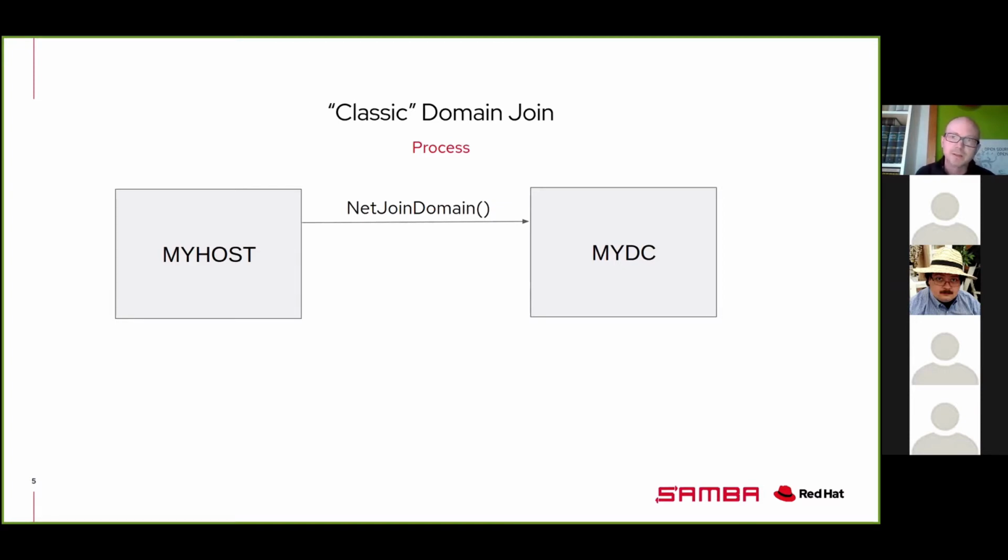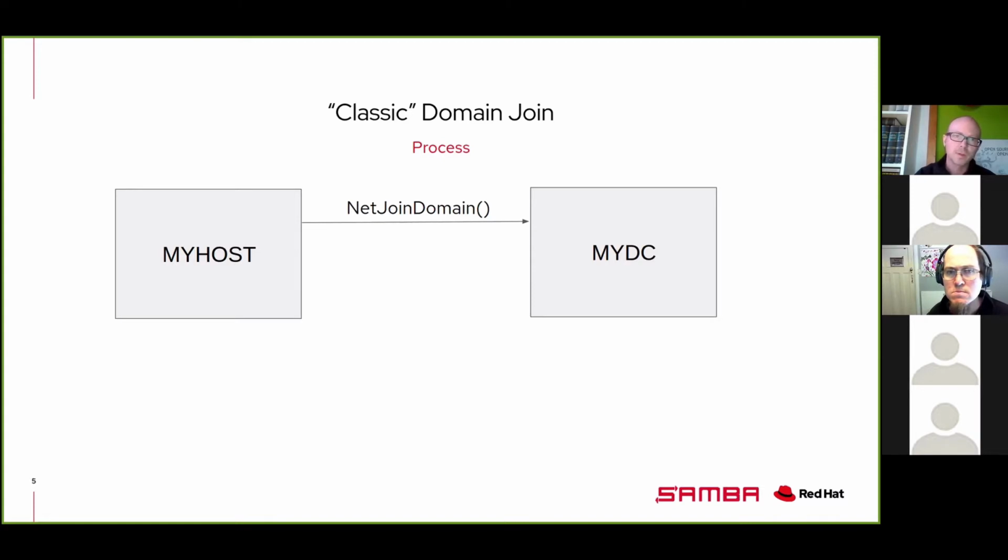On the right side, you have a domain controller, typically AD, and you would call a process that runs this domain join operation. It could be a library call, like in this case, the NetJoinDomain call, which is a very basic network operation library in Windows. You could also call any of the other tools that most likely also call this library call, or even more likely just use the Windows UI in order to join.